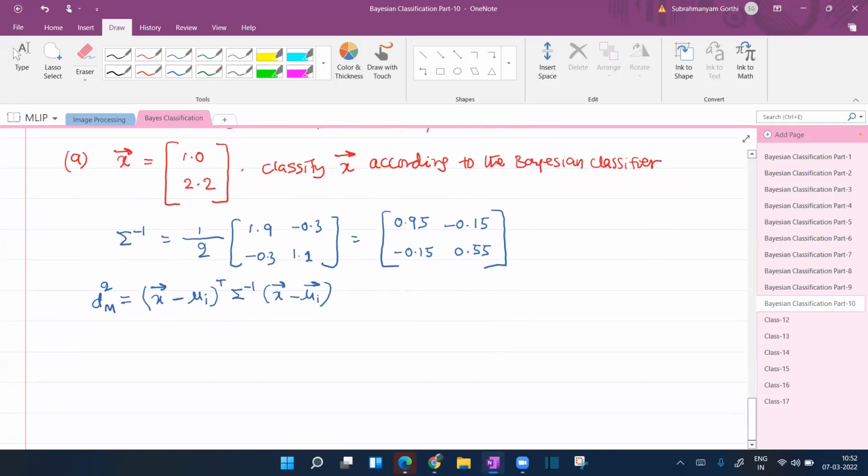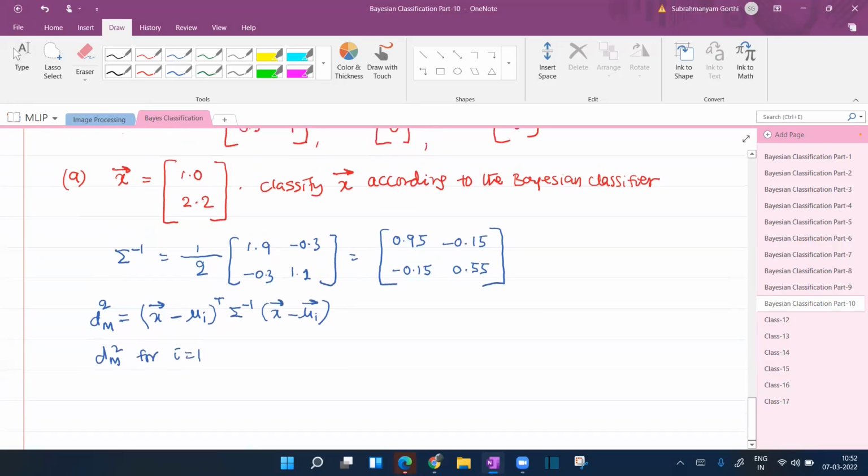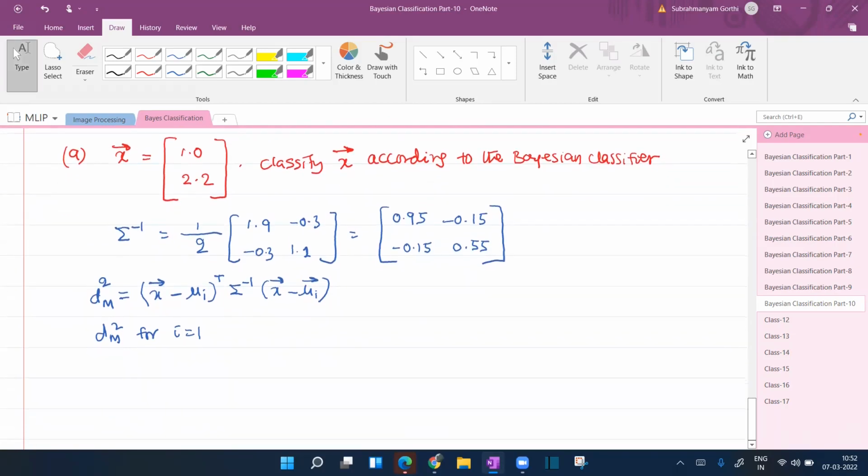Okay. Now if you compute that d_M square for i equal to 1, you just substitute them. So x bar minus mu1, you take them; the second one, mu2, you take them and compute.